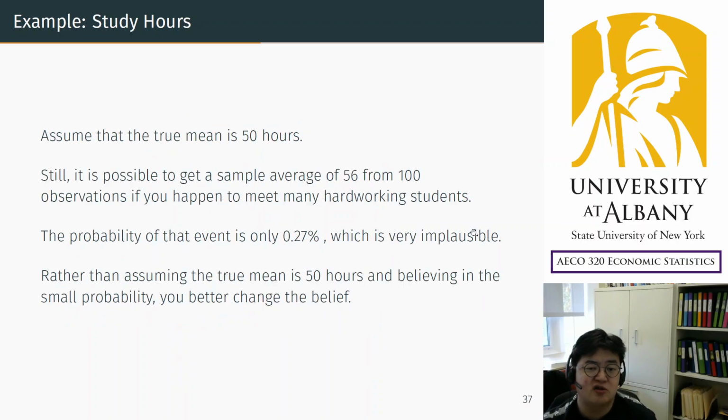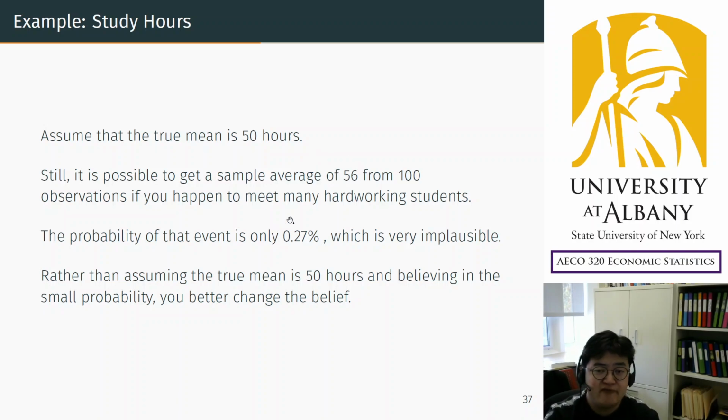Then I would interpret it this way. I believe that the true mean is 50 hours. And I observed 56. And I tried to think that the difference, 6 hours, was just a random error. To keep my belief, I have to assume that the 6-hour difference must be a random error.